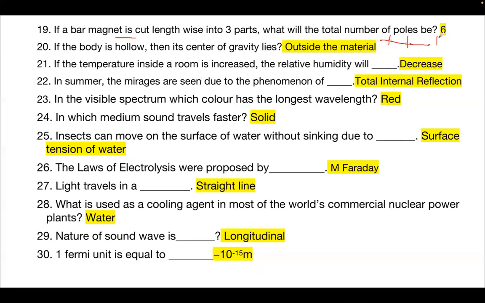You will be having like this. Okay, so this is one magnet, this is one magnet, and this is one magnet. So for a magnet, we will be having one north pole and one south pole.